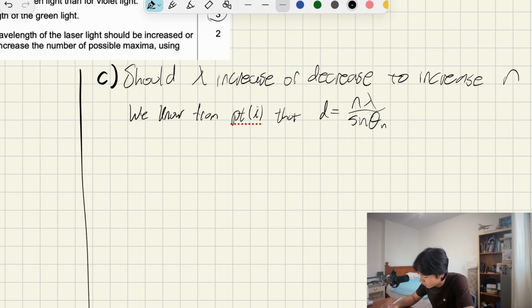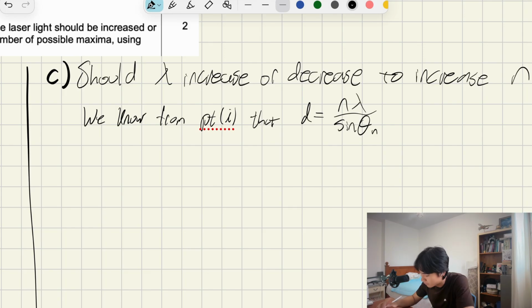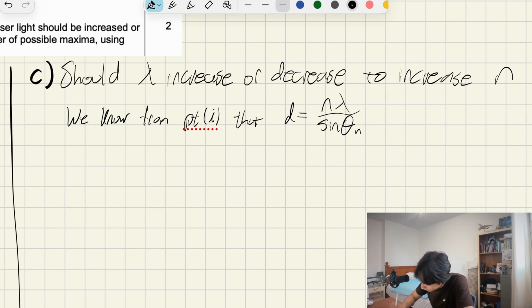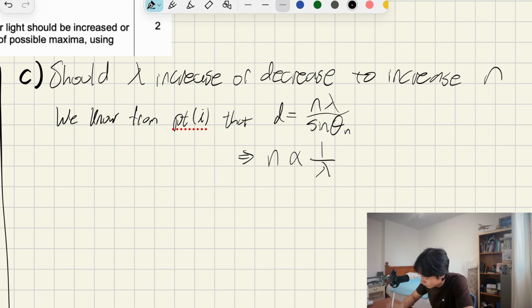We know this relationship between lambda and n. We can say lambda is inversely proportional to n, right? This implies that n is inversely proportional to lambda. So this shows that since we're just algebraically rearranging, and d is a constant, as we're using the same grating, right?